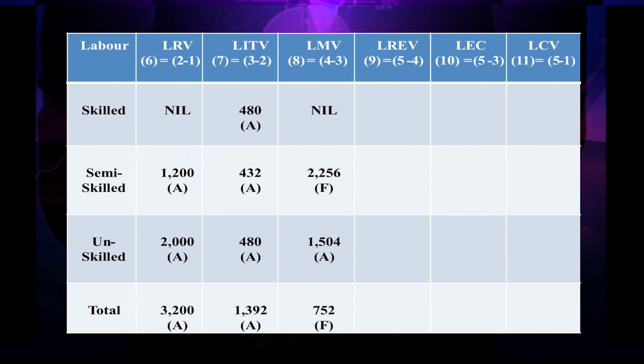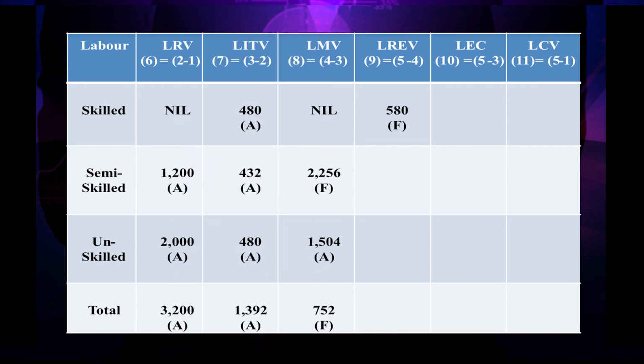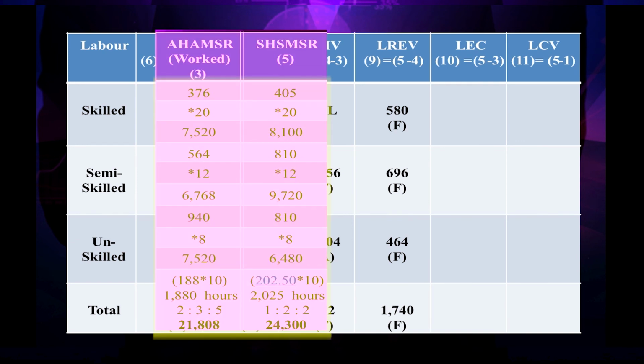Coming to column 9, it is column 5 minus column 4. For skilled it is 580 favorable, semi-skilled 696 favorable, unskilled 464 favorable, totaling 1740 favorable. Column 10 is LEV, that is column number 5 minus column number 3.